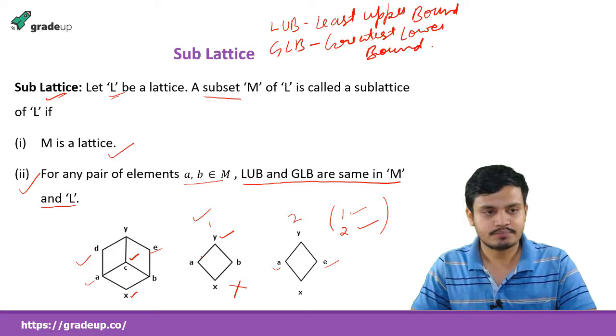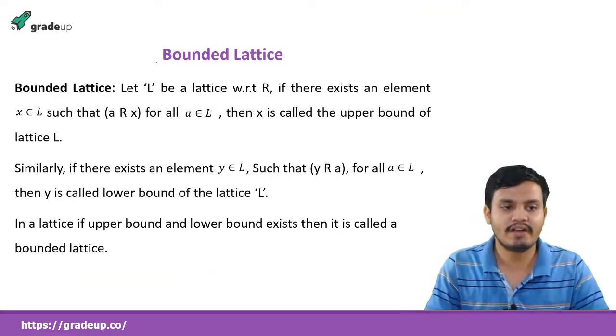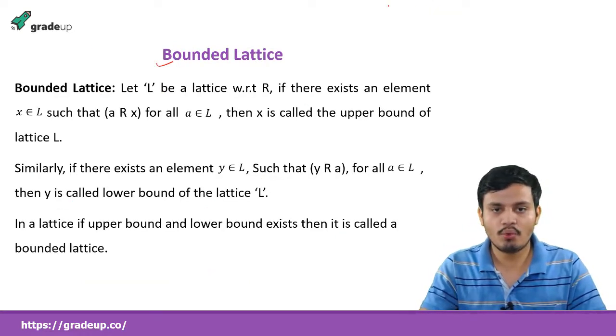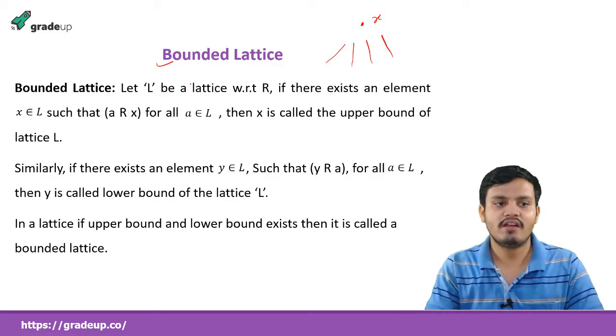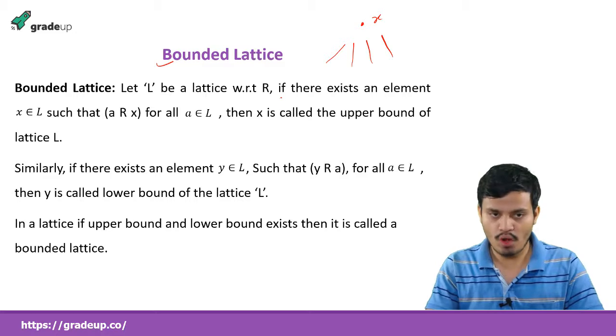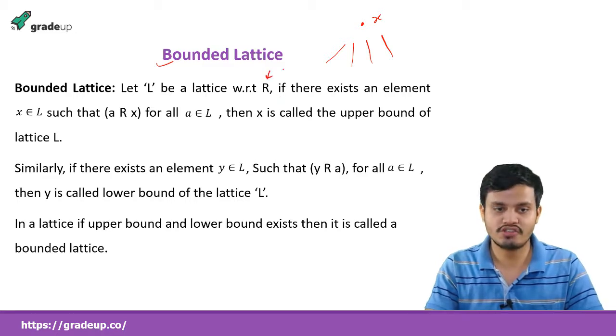Now what is a bounded lattice? In a bounded lattice, you will have an element X such that everyone is related to it. That is what is written here. Let L be a lattice with respect to R, where R is the relation.